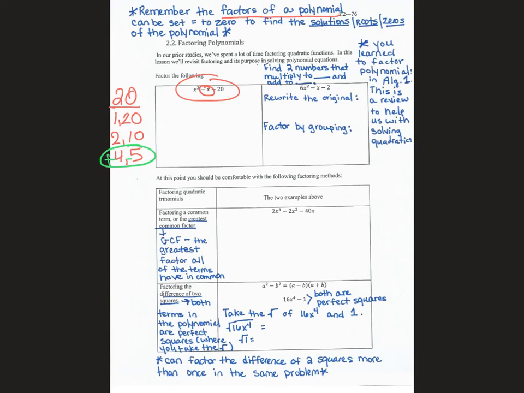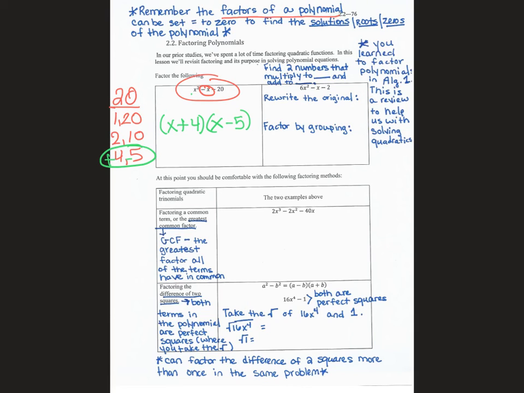So I will rewrite x squared minus x minus 20 as two binomials. Half of x squared would be x in my first binomial and x in my second binomial. And then I will have +4 and -5. So the factors of x squared minus x minus 20 are x plus 4 and x minus 5.